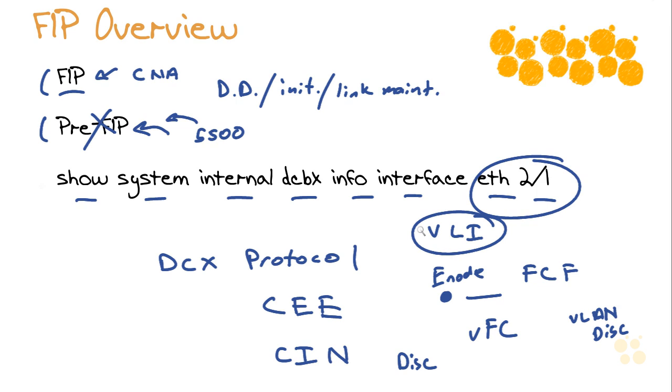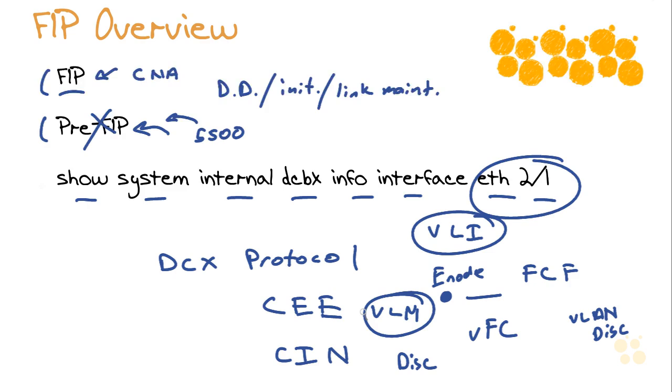Fibre Channel over Ethernet devices use these messages to perform the FLOGI process. Then finally, we have the virtual link maintenance. Periodically, FIP is going to send out maintenance messages between the switch and the converged network adapter. These messages are used to ensure that the connection is still valid.